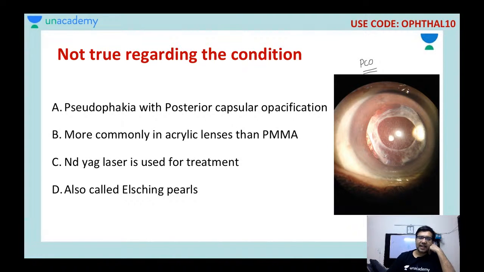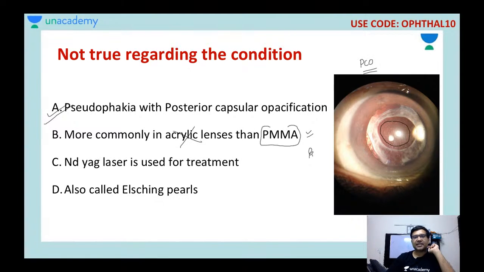And you can see there is an anterior capsule opacification as well as a posterior capsule opacification. Okay, so option A is absolutely correct. More common in the acrylic lenses than PMMA. So remember, PMMA has the higher incidence of PCO and it is not the acrylic lenses.